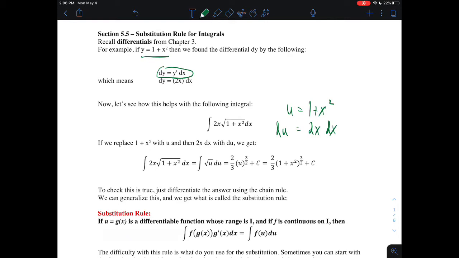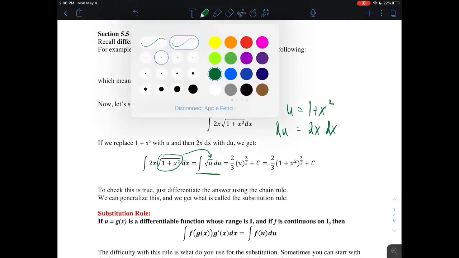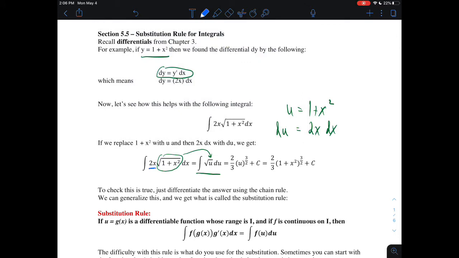So replacing all of that, I will end up with this indefinite integral, the square root of u du. Notice that all I've done is take the square root of 1 plus x squared, that's the same thing as the square root of u, and the 2x and the dx are all just replaced with du.